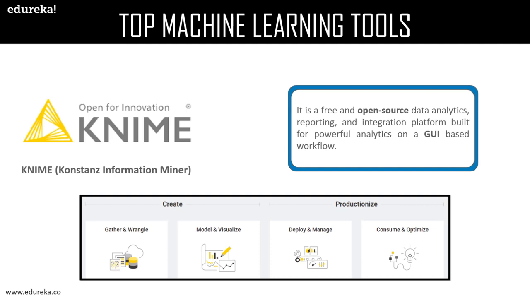What you can do is you can work all the way from gathering the data and creating models to deployment as well as production. It consolidates all the functions of the entire process into a single workflow. You can gather and wrangle the data, you can model and visualize, you can deploy and manage, and you can consume and optimize as well. So it's an all-in-one package, and the most important aspect is you do not need to know how to code.